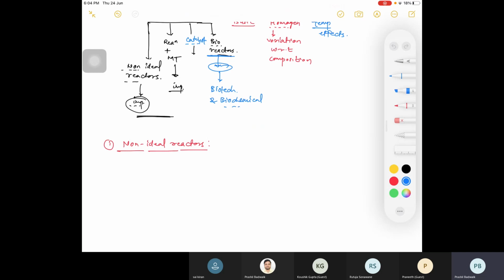We have studied ideal reactors, right? Real case reactors means what? Which we are using in industries and all. Yes, actually we are using them, so you can say it is real life, right? Real life reactors which you are using, okay? That will have some non-idealities involved.